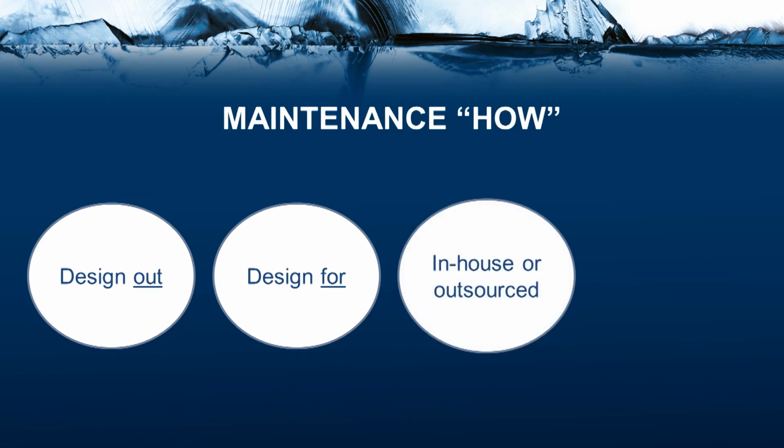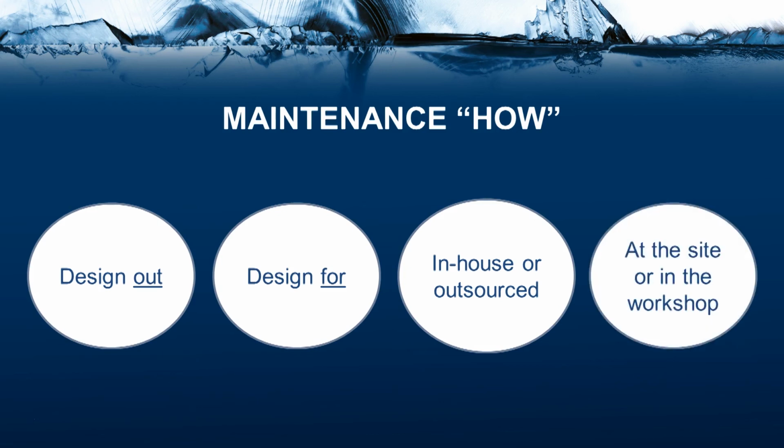Third, if I cannot do the maintenance myself, I can outsource it or do it in-house by myself. That is called in-house or outsource. But even more important is to know where to perform the maintenance, at the site or by bringing the equipment system to the workshop. This summarizes the topic of how maintenance is executed by industry and organizations or by a private person.